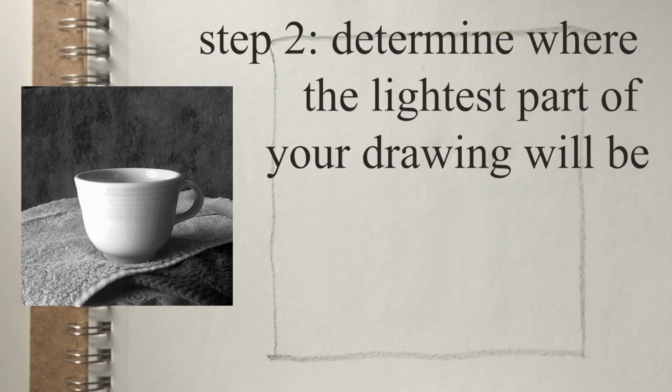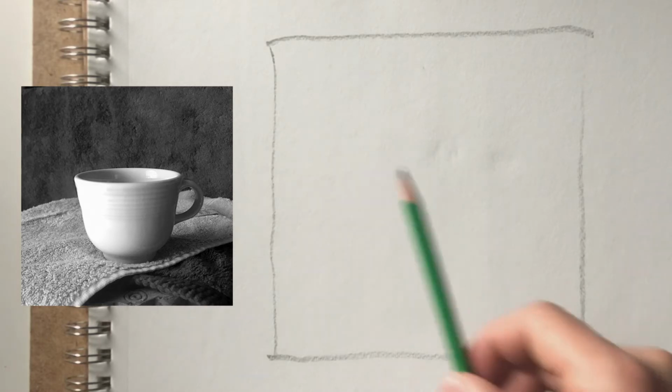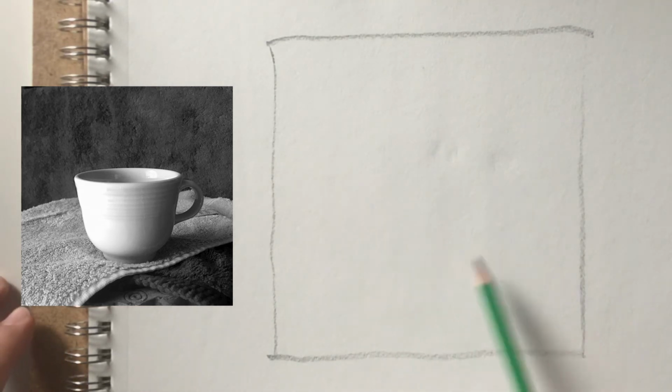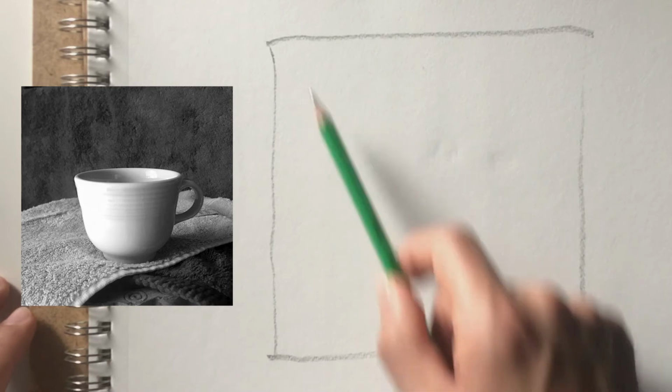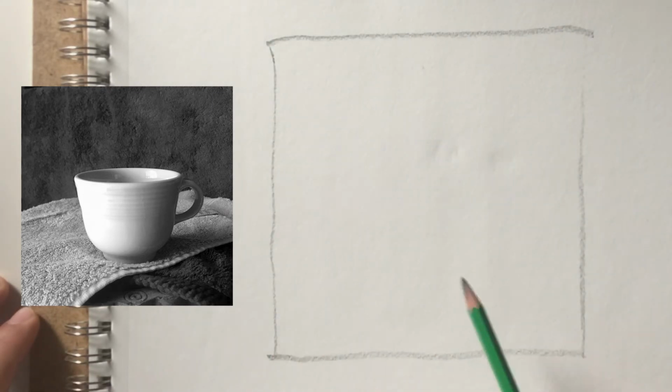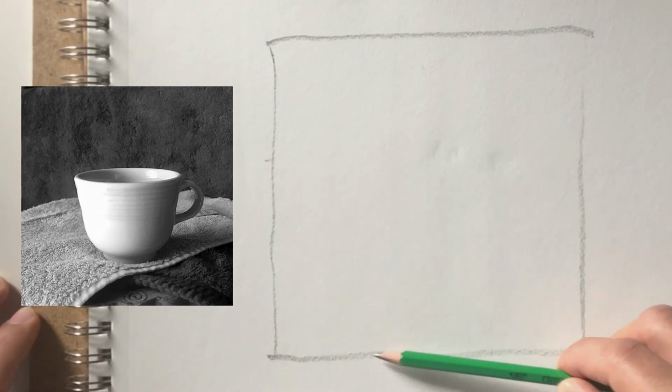The second step is to designate where the lightest part of your drawing is. The lightest part of the image to me is the left 2/3 of the teacup. Now, when you're trying to figure out where it is, part of the beauty of drawing a square or a rectangle of your image is that you can use the edges to measure where things are.